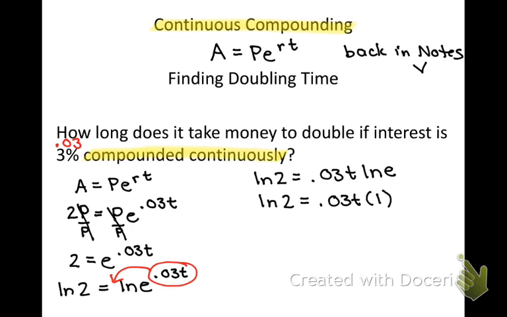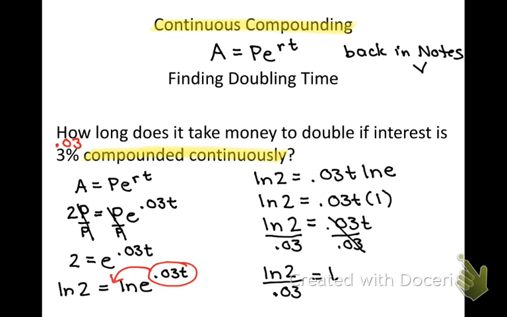But anything times 1 is that other thing to begin with. So we're going to have ln of 2 equals 0.03t. We're trying to get that t by itself, so what's my last step? Yeah, I need to divide by 0.03. So I have the ln of 2 divided by 0.03 equals t.